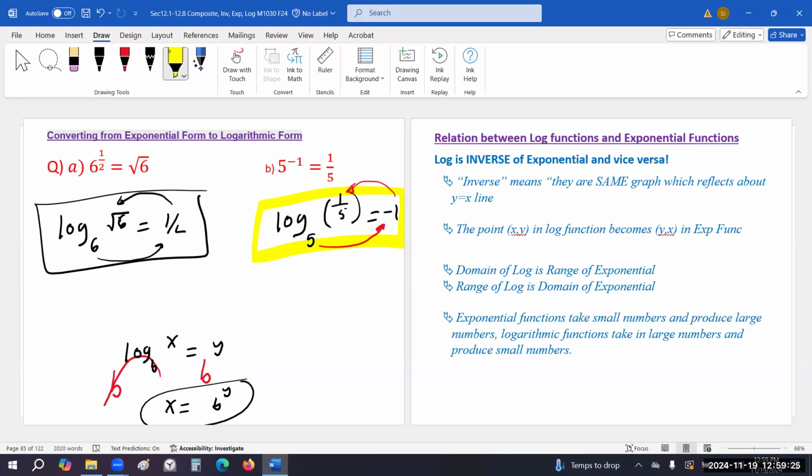So this is like the inverse function, the inverse of one another. If exponential has the point (1, 2), then log will have (2, 1). So they just reverse the position.